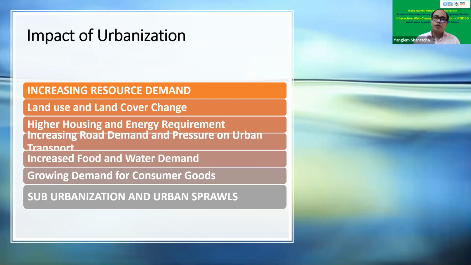When it increases, of course, this brings more resource demand. With more resource demand, there are social issues and environmental issues as well.